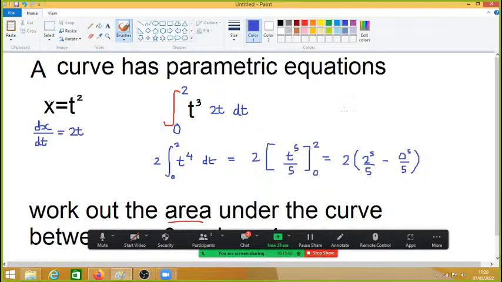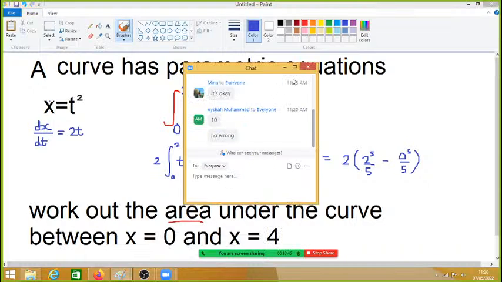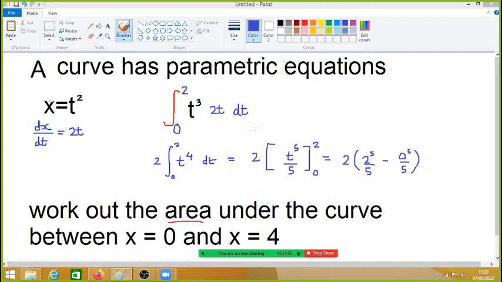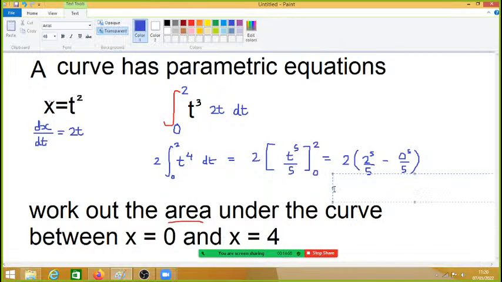Okay, hopefully you get a nice simple number. Good, just check it again. Okay, so with a bit more time, you could just type that straight into your calculator exactly as it looks, and you would end up with 12.8.